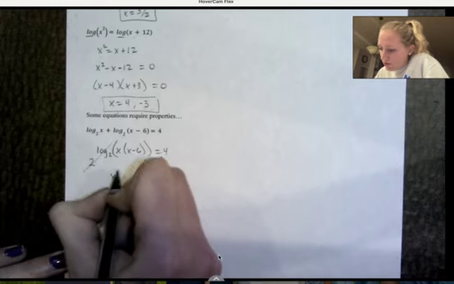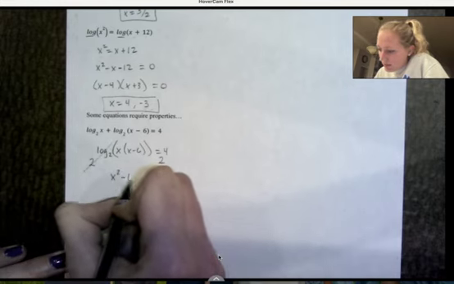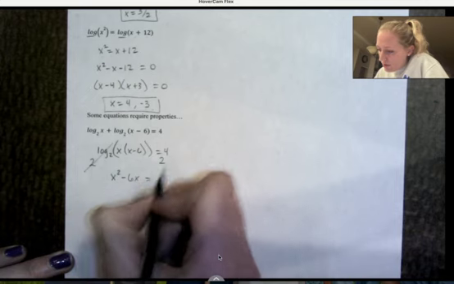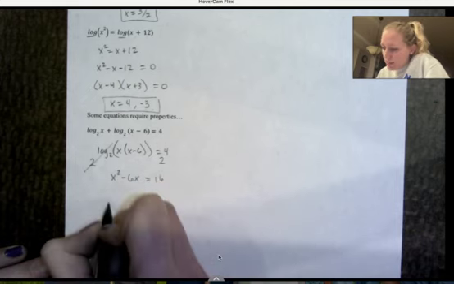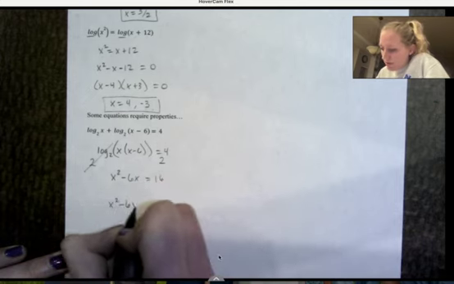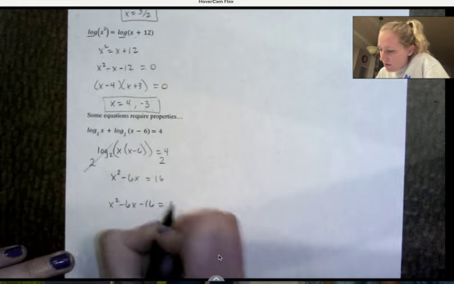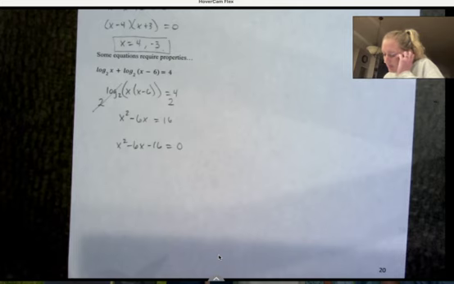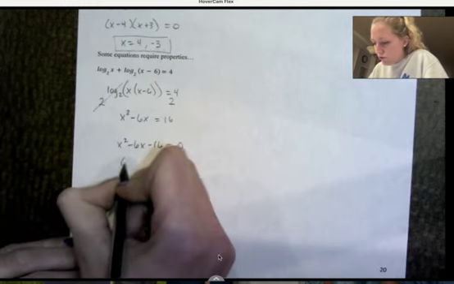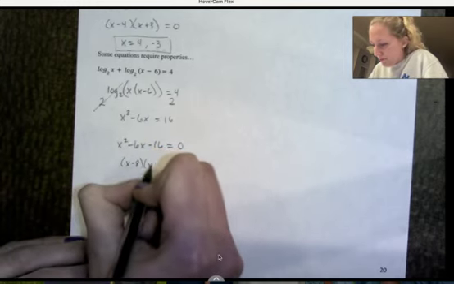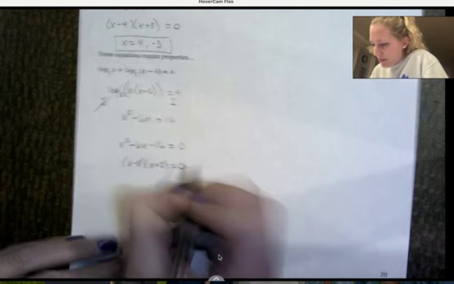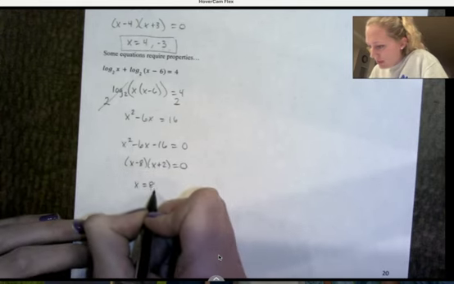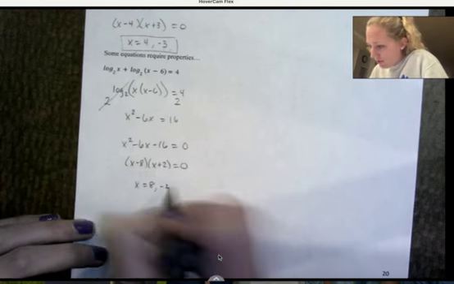So here I have x squared minus 6x, if I distribute that, equals 2 to the 4th, 16. Again, I'm going to set that equal to 0. So numbers that multiply to be negative 16, that add up to be negative 6: negative 8 and 2. So x equals 8 or negative 2.